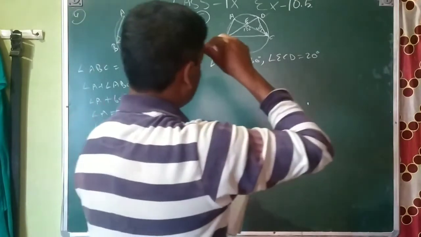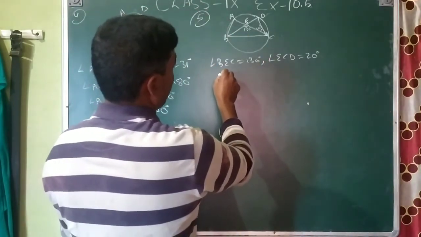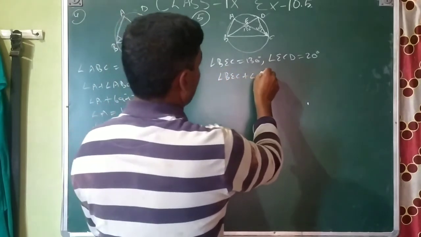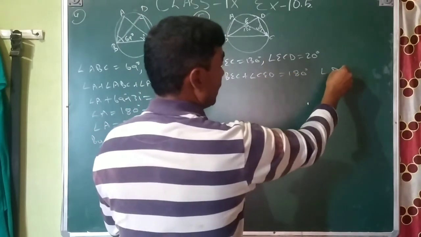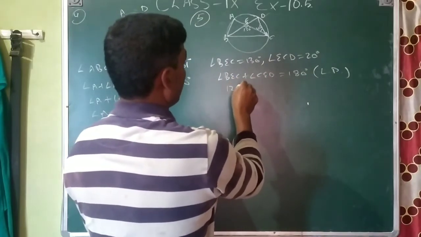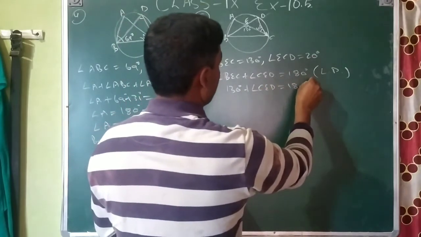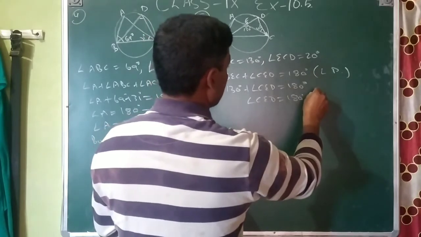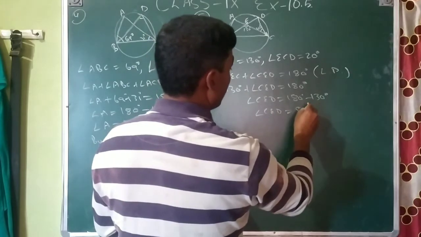So by linear pair, angle BEC plus angle CED is equal to 180 degrees. Angle BEC is given as 130 degrees, plus angle CED is equal to 180 degrees. So angle CED is equal to 180 minus 130, that will be 50 degrees.